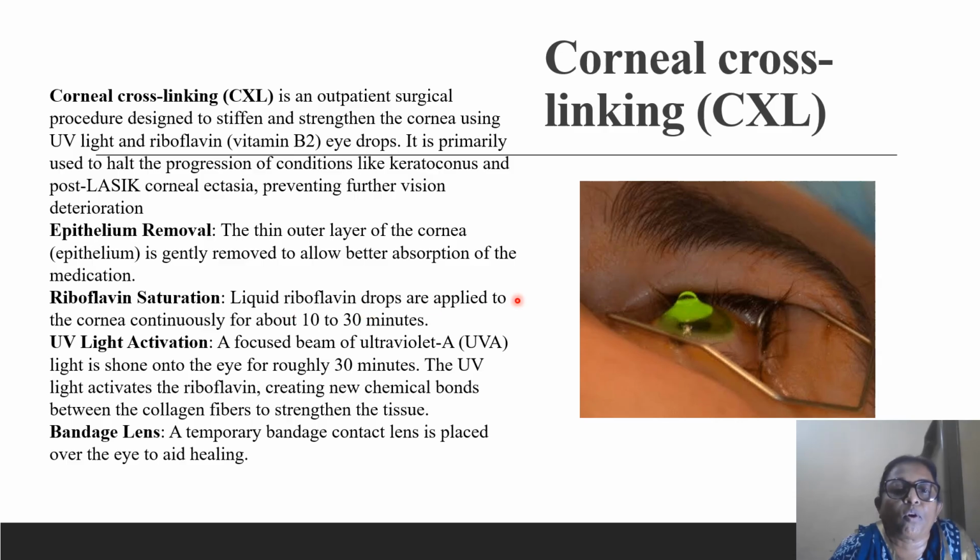Liquid riboflavin drops are applied to the cornea continuously for about 10 to 30 minutes. And UV light activation. A focused beam of ultraviolet light is shone onto the eye for roughly 30 minutes. The UV light activates the riboflavin, creating new chemical bonds between collagen fibers to strengthen the tissue. And bandage lens. A temporary bandage contact lens is placed over the eye to aid the healing.